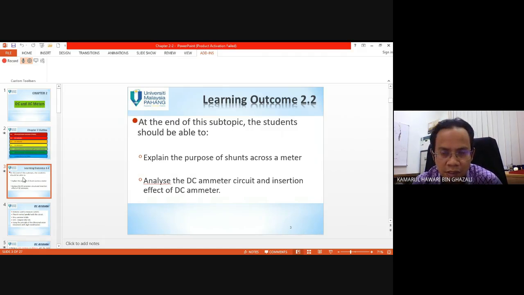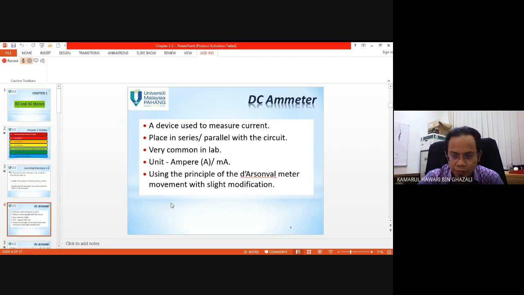For this subchapter 2.2, at the end of this subtopic, you should be able to explain the purpose of shunt across a meter, analyze the DC meter circuit and insertion effect of a DC meter. So let me put the slideshow.